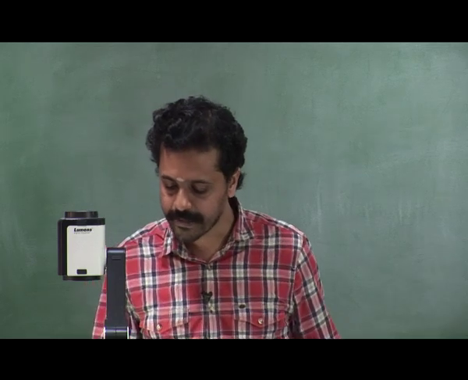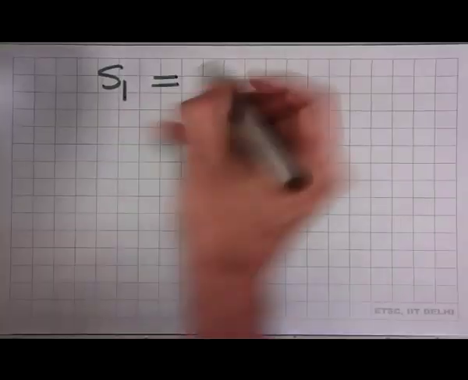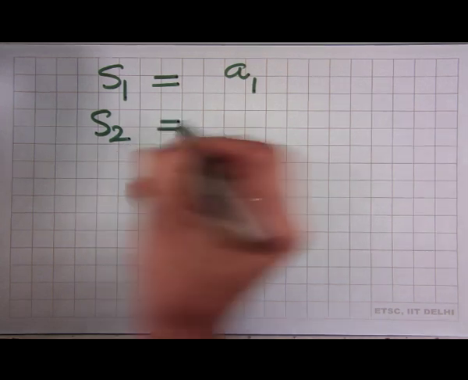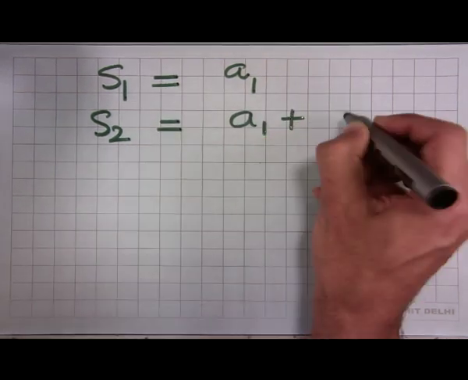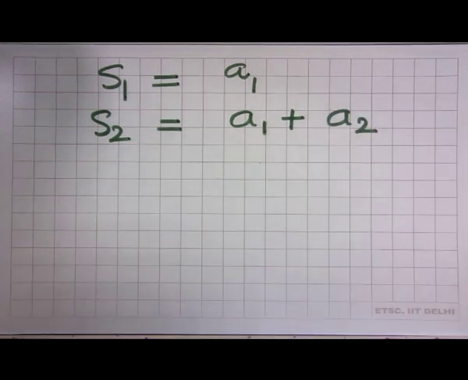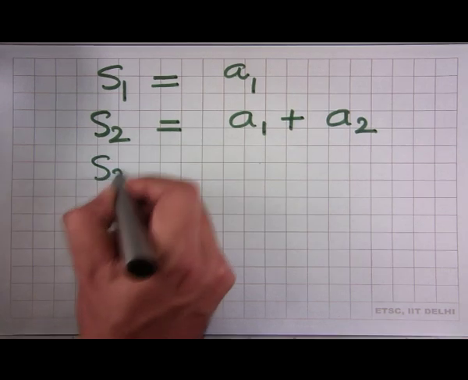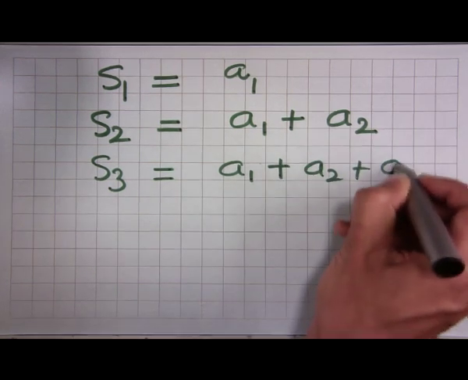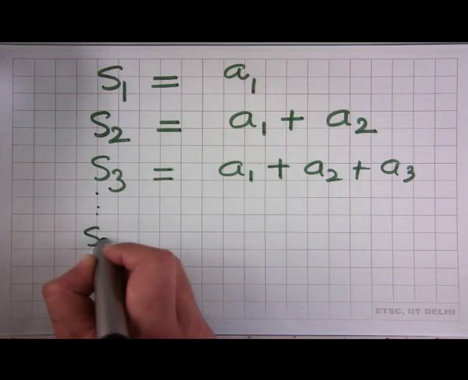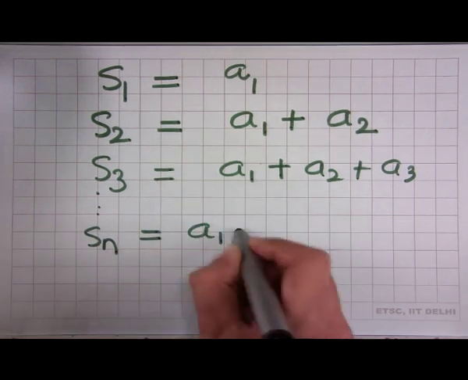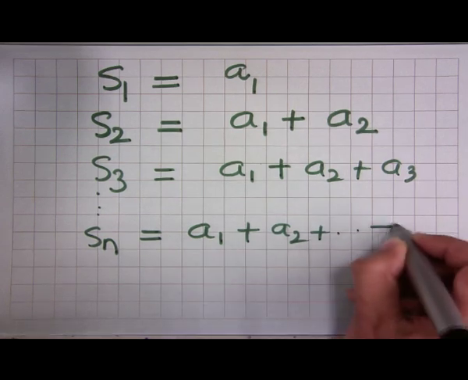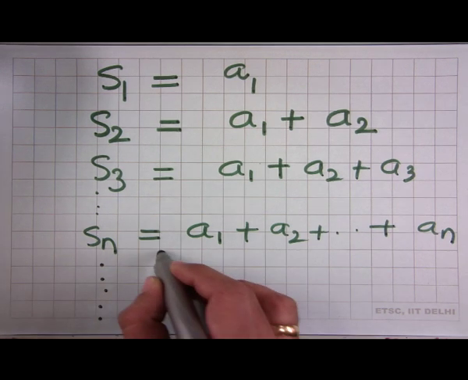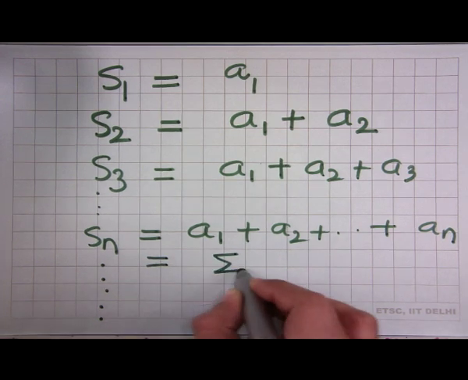The first term S1 is the same as a1. The second term S2 is the same as the sum of the first two terms of the given sequence. S3 is a1 plus a2 plus a3. And so on, Sn is a1 plus a2 plus etc. plus an. Sn can be denoted using sigma notation.